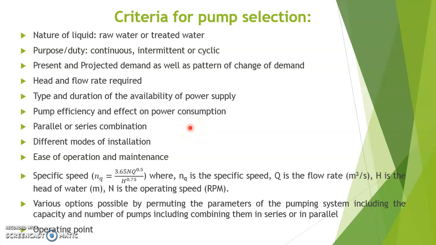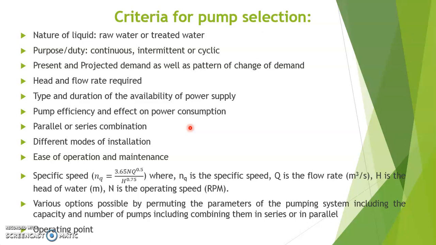If the head we want to achieve is not achievable by one pump, then we will apply pumps in series, one after the other. One is pumping up to a level H1, then another up to H2, then another up to H3. Then different modes of installation, how we are installing. Then ease of operation, how easily can a pump be operated.